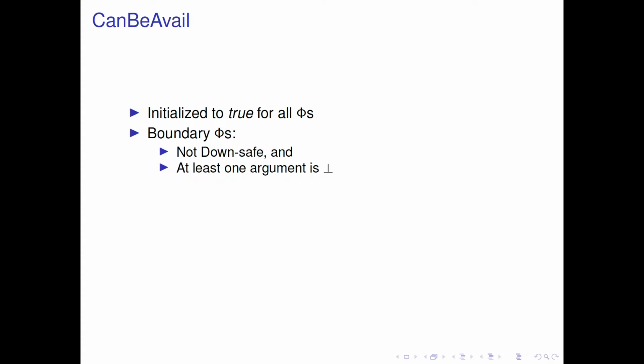If I combine these two pieces of information, I have a path from entry to the current node to exit along which there is no computation of E. There is no computation from here to here, and none from here to here.